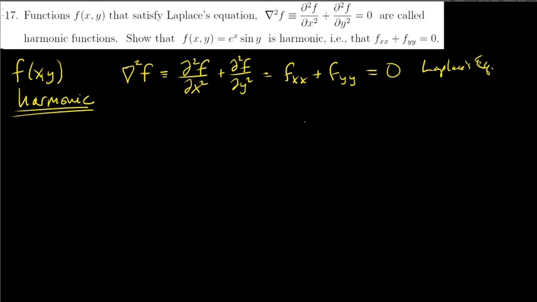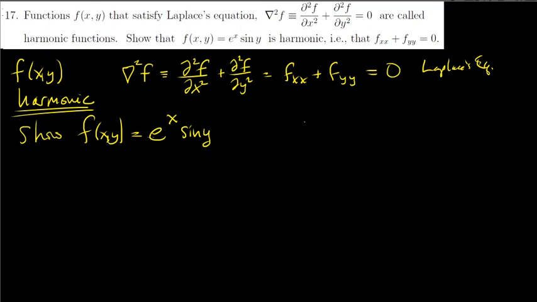But in any event, we just want to show that the given function, f of xy equals e to the x times sine y, is harmonic. And I just saw a really good video about this, and maybe I'll post it in the description here, or maybe even on Blackboard.